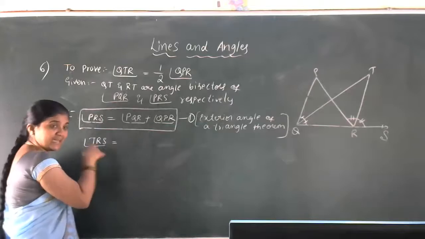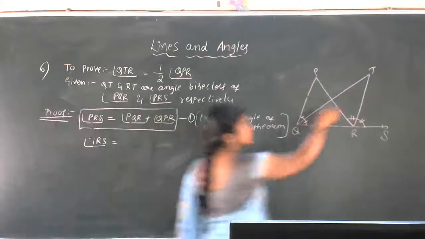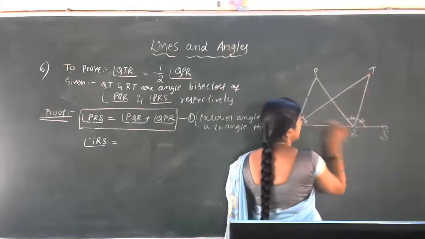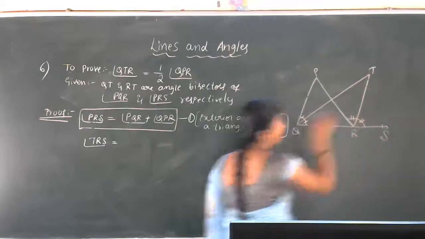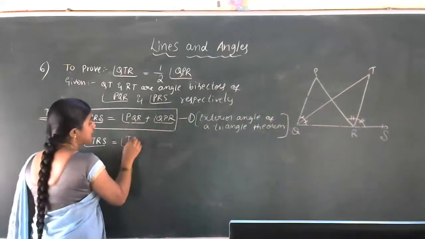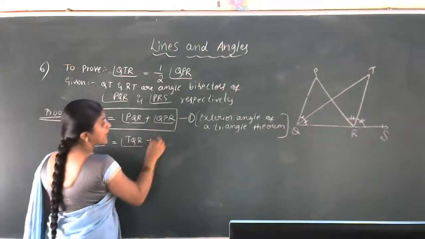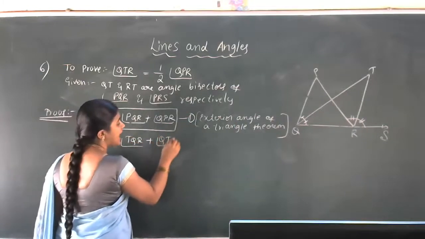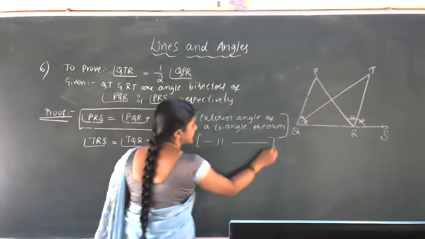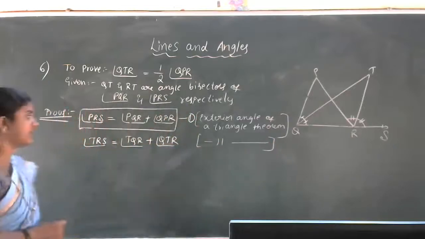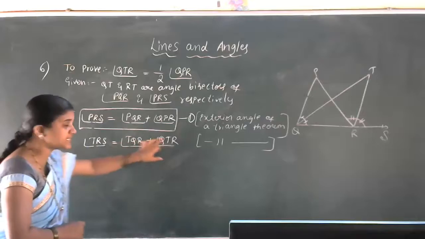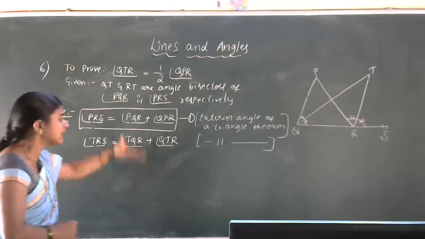Second, we are dealing with the exterior angle of the second triangle. So TRS is equal to TQR plus QTR. Can we write like that? Yes, TRS is equal to TQR plus QTR. Is that clear? For this also the same reason, the exterior angle of a triangle theorem.